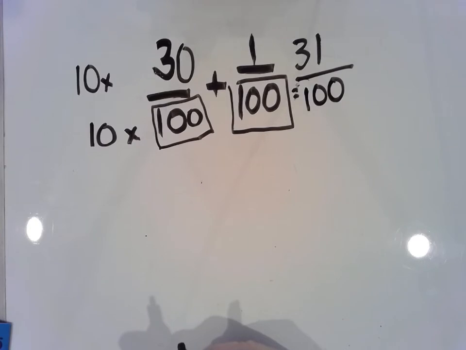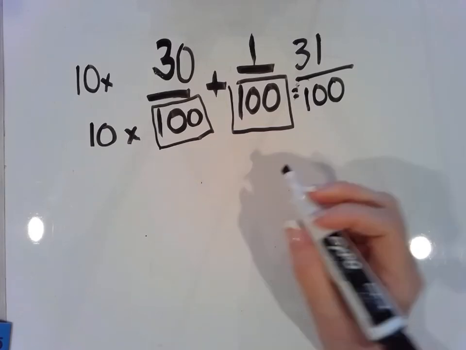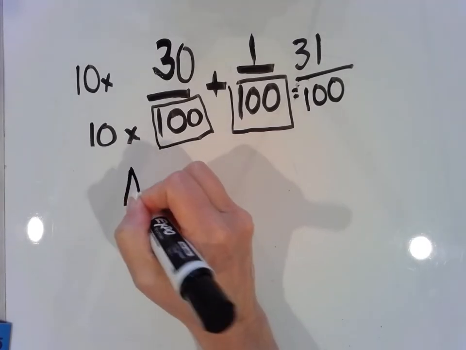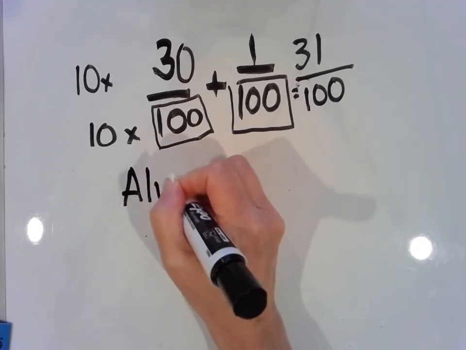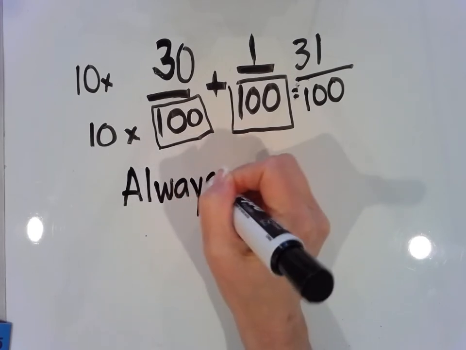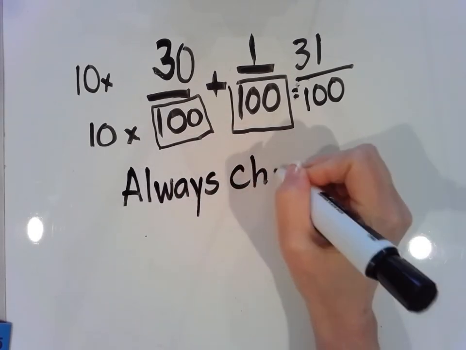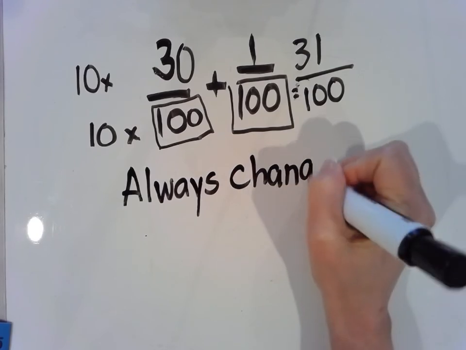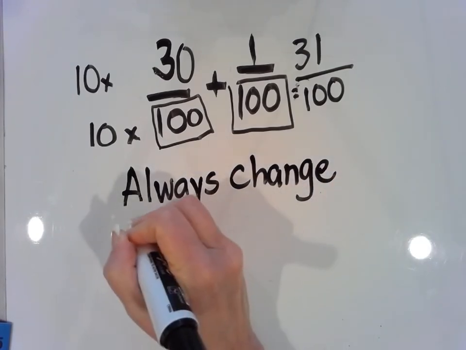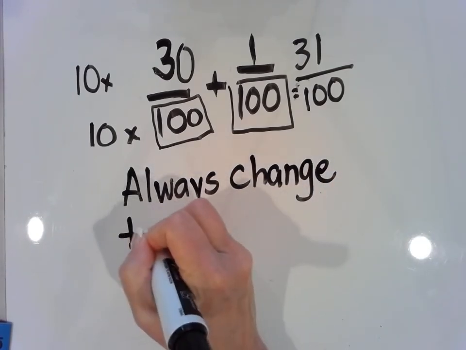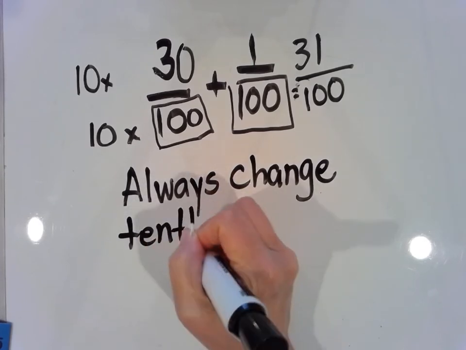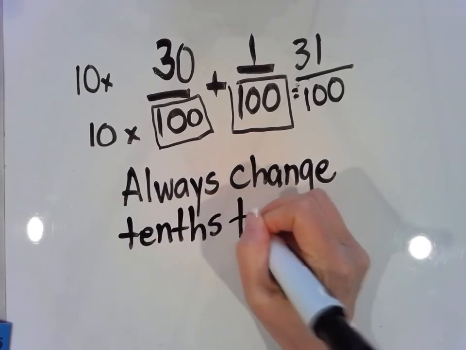So what you want to write down in your notes is this. When you are adding tenths and hundredths, always change the tenths to hundredths.